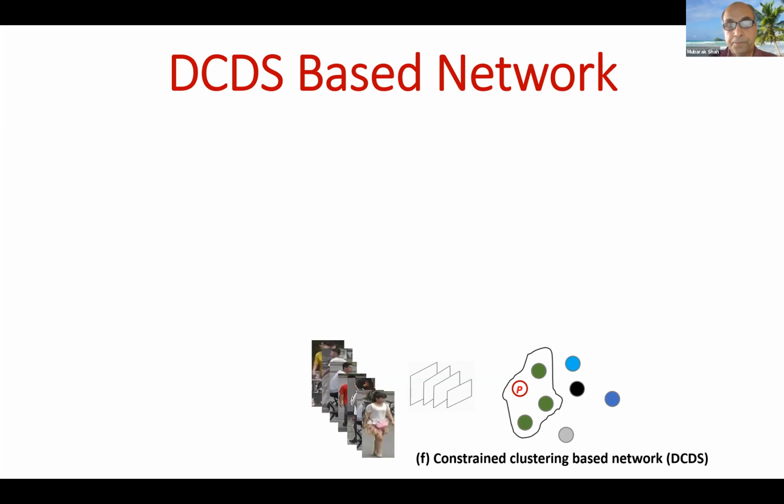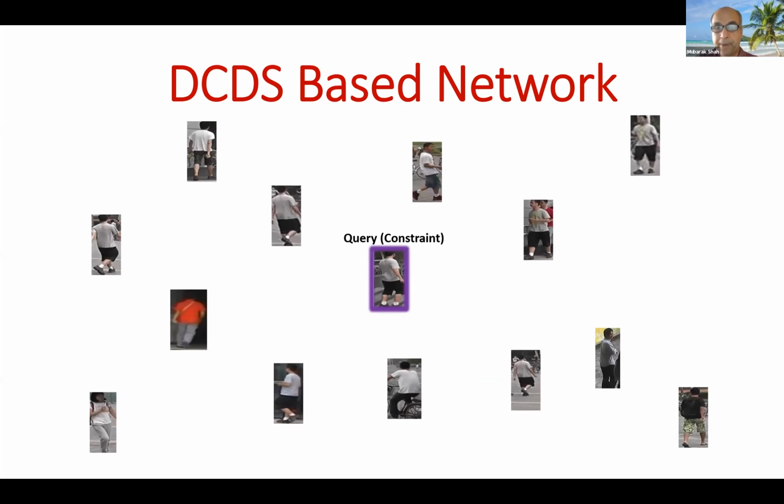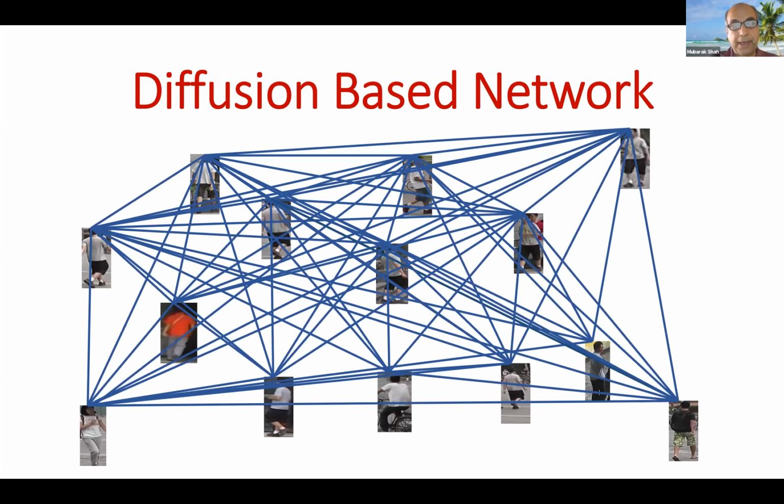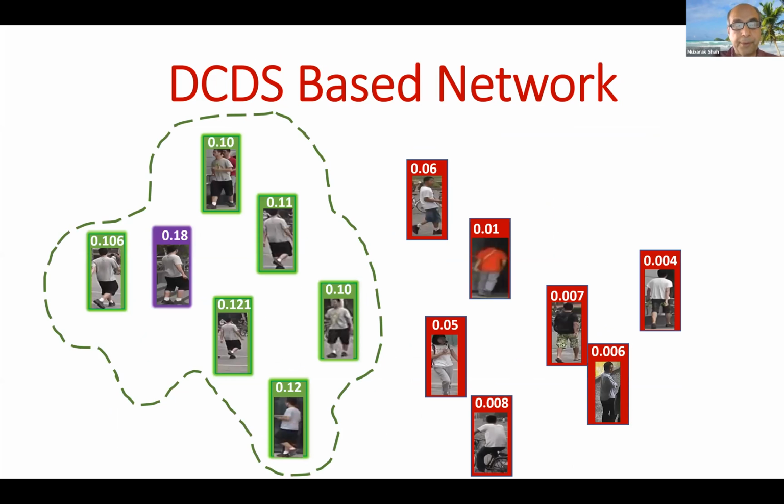We want to take a probe image and cluster the corresponding similar images in one cluster and push the other images away from that cluster. So this is a query image, and then we have these other images for training. We build a graph again as we did for the diffusion-based network, and then cluster the query image with the similar images in one cluster and push the other ones outside.